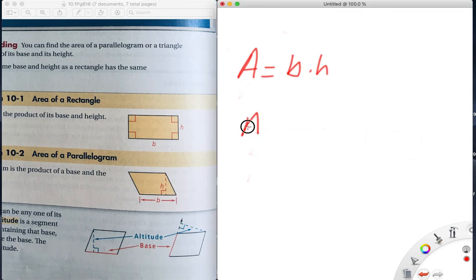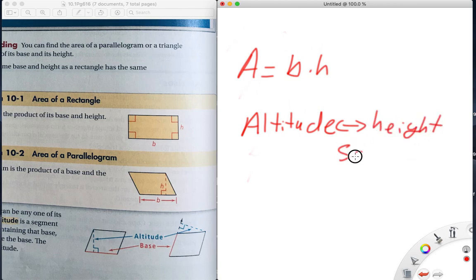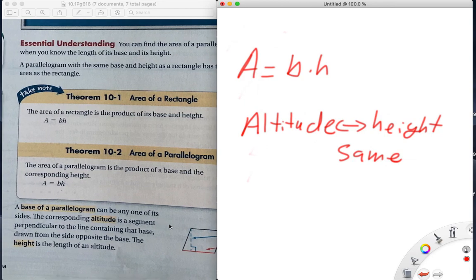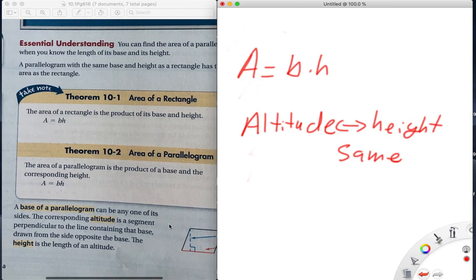I repeat, the altitude and the height, hope I spelled height right, are the same thing. There's really no difference. What they're saying here is that the altitude is the corresponding segment that's perpendicular to the line containing the base.